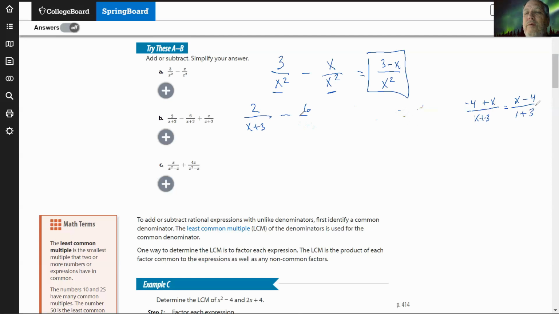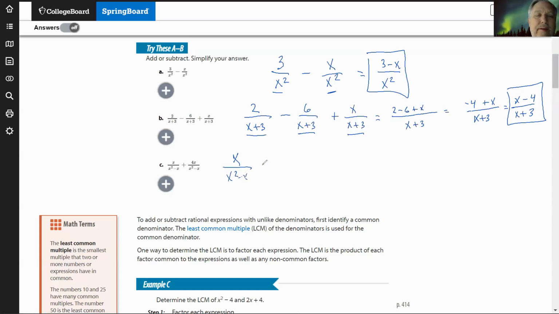And then the last example, we have x over x squared minus x plus 4x over x squared minus x. You'll notice we could simplify each one of these first, but I recommend that we do our simplifying at the end in this case. We have our common denominator of x squared minus x, and on the top we add them together.